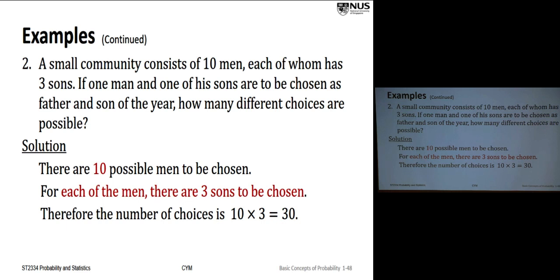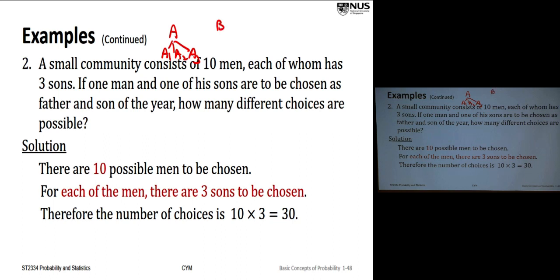In fact, if I choose A, A to J man, choose A. He has 3 sons. So the choice for this man A, he has 3 sons, A1, A2, A3. All right, 3 choices for this particular man.